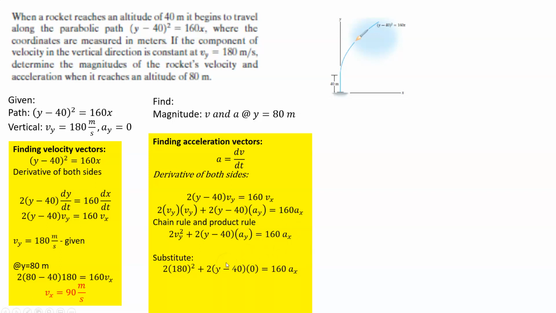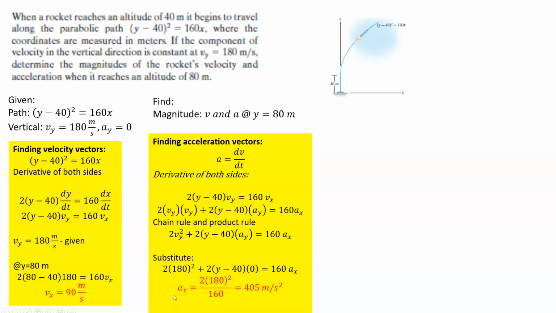That's what we're trying to find. And we also know that the velocity that we're concerned with in the y is 180. That was a given. We also know the acceleration of the y was 0, so this constant times 0, and we also know that we're dealing with 80 meters.